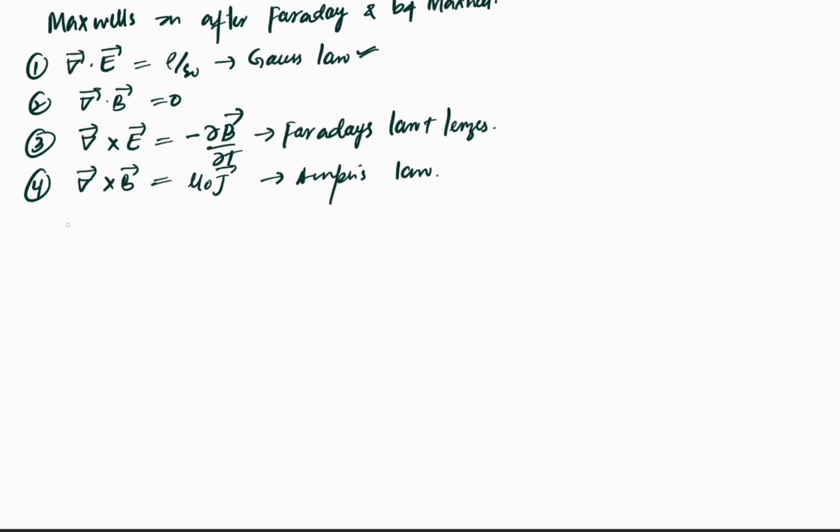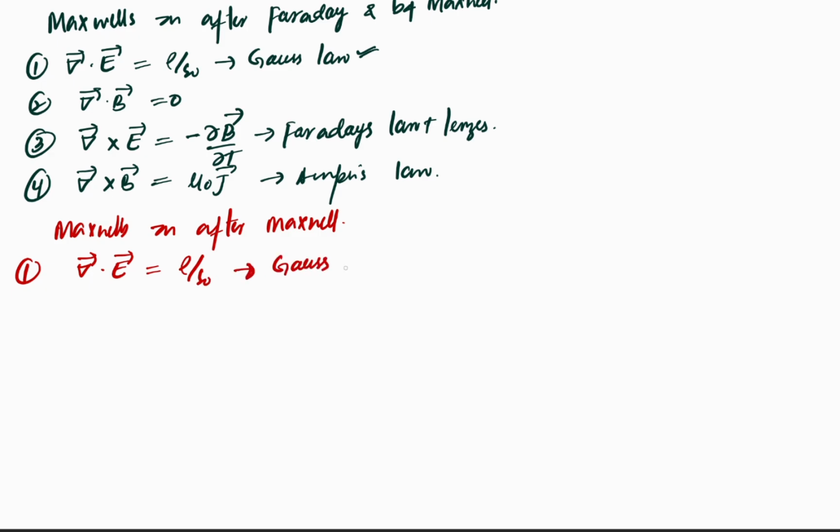So I should write Maxwell's equations after Maxwell. First one is del dot E equals rho by epsilon 0. This we call the Gauss law. I'm writing only the differential forms. Later on I'll write the integral forms as well. Del dot B equals 0.